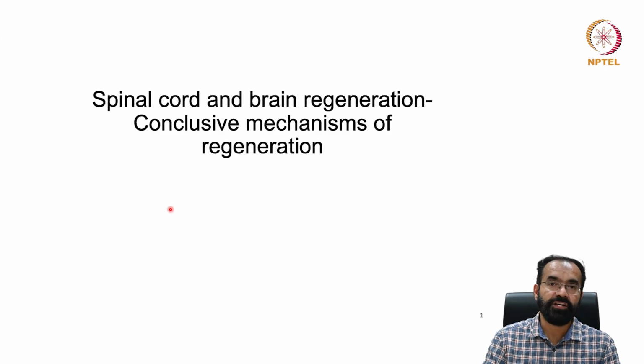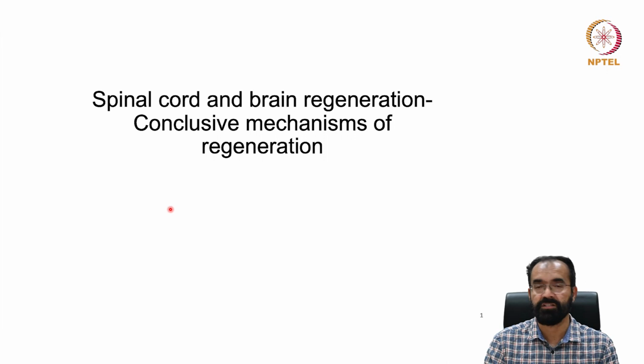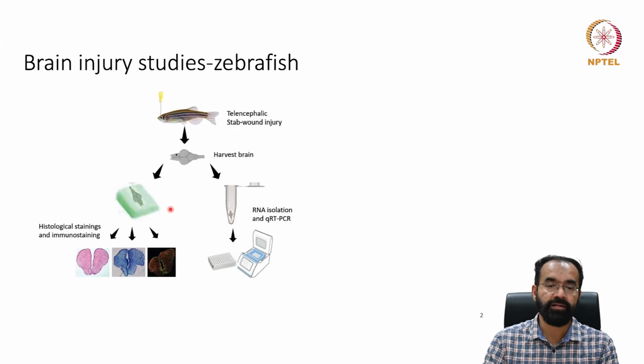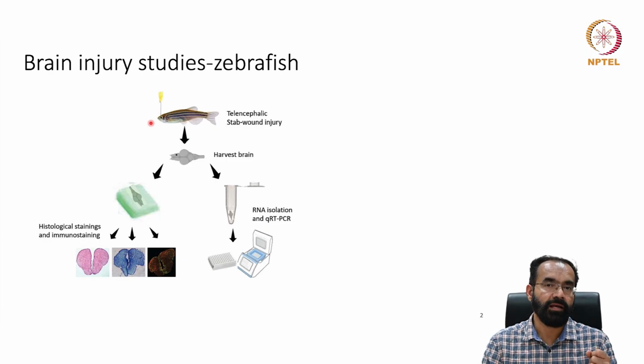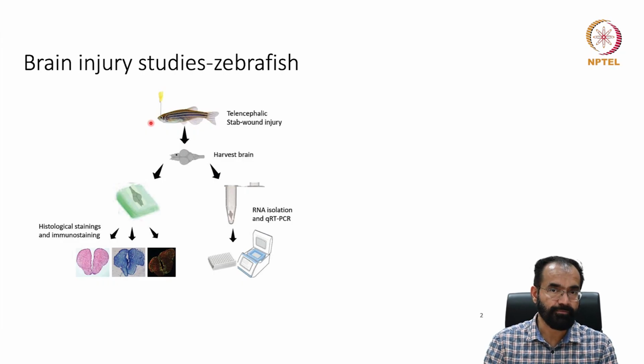So zebrafish and various other model organisms have been used to study brain and spinal cord regeneration, and we will see what approaches people take to study this. To do brain injury studies, first you need to know how a trauma is created, how a poking is created, and normally people use a mechanical injury method for both the brain and the spinal cord.